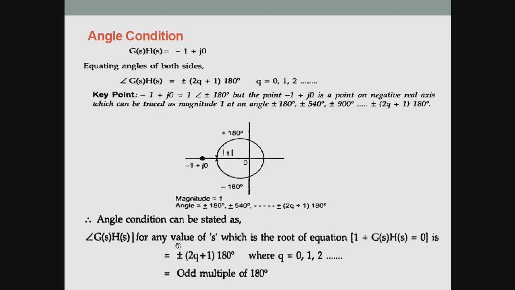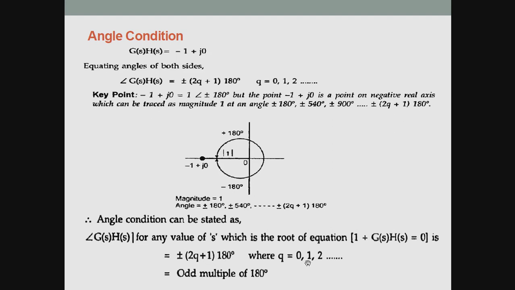So the angle condition can be stated as: for the angle of G(s) H(s), for any value of s which is on the root locus, it must meet plus or minus (2q plus 1) into 180 degrees.